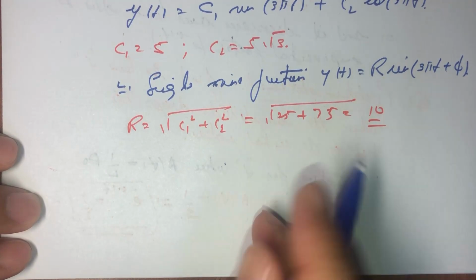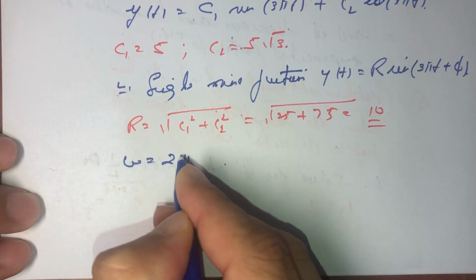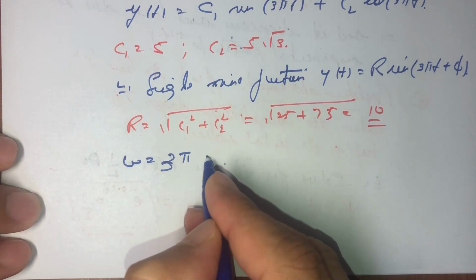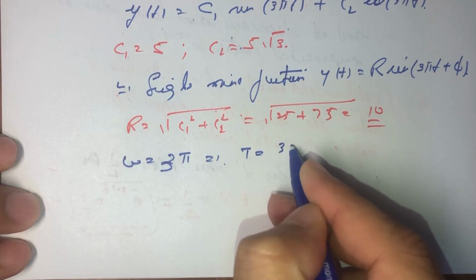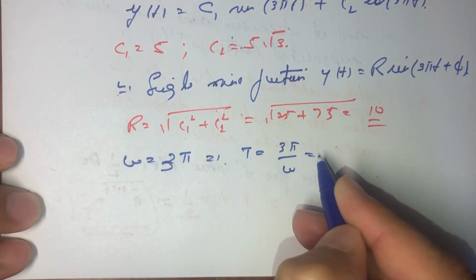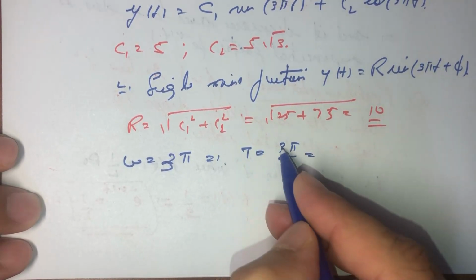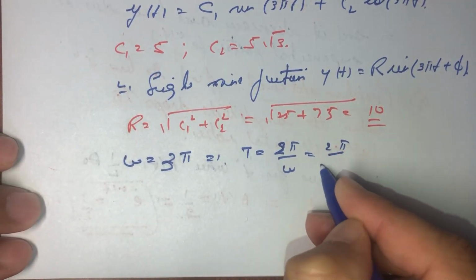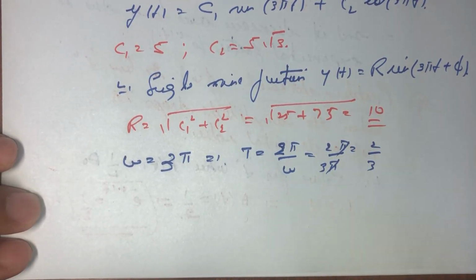And from the equation itself, we can say that ω is equal to 3π. The time period is 2π upon ω, and ω is 3π, so this is 2π upon 3π, giving us 2/3.